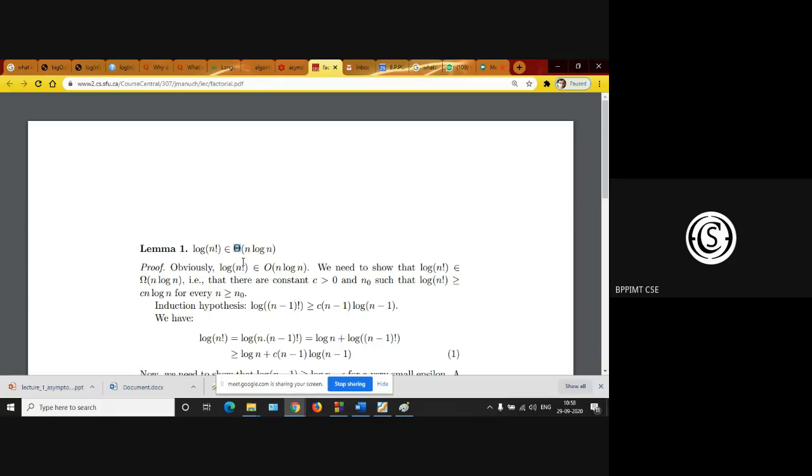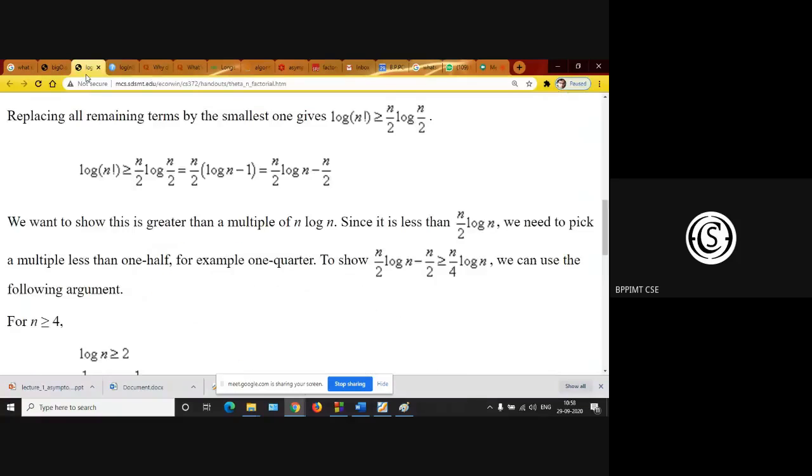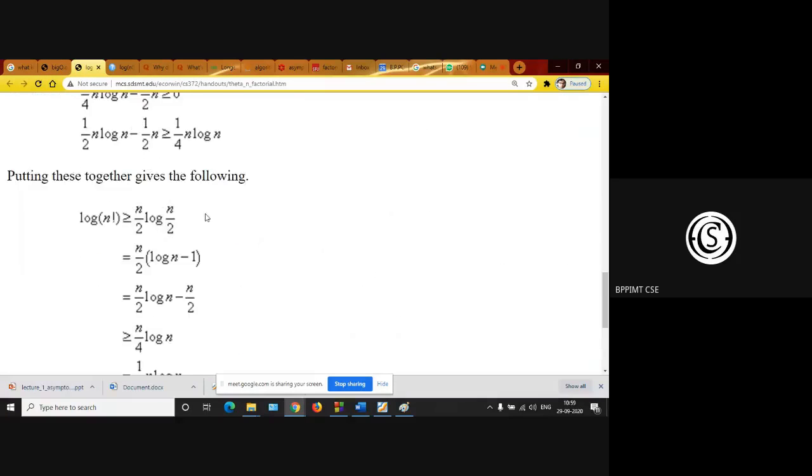That's why we apply the theta value. If you deduce the value, you will get c value is 1 by 4, and p is 1 by 4.